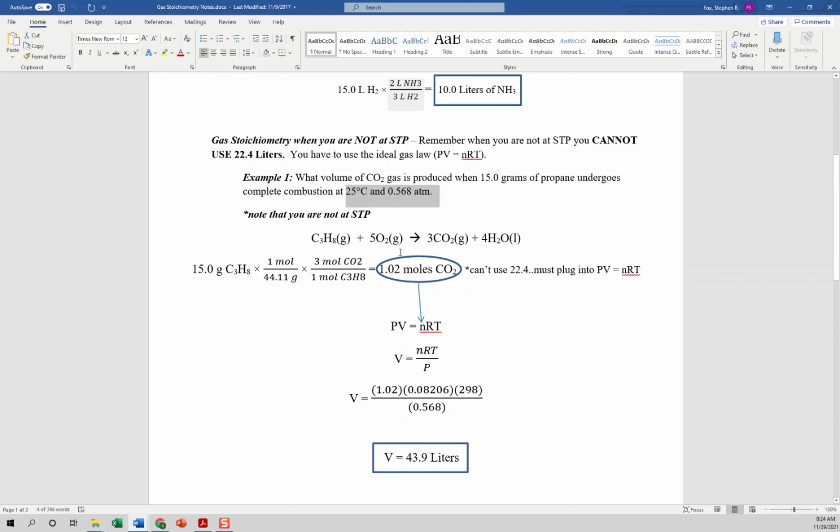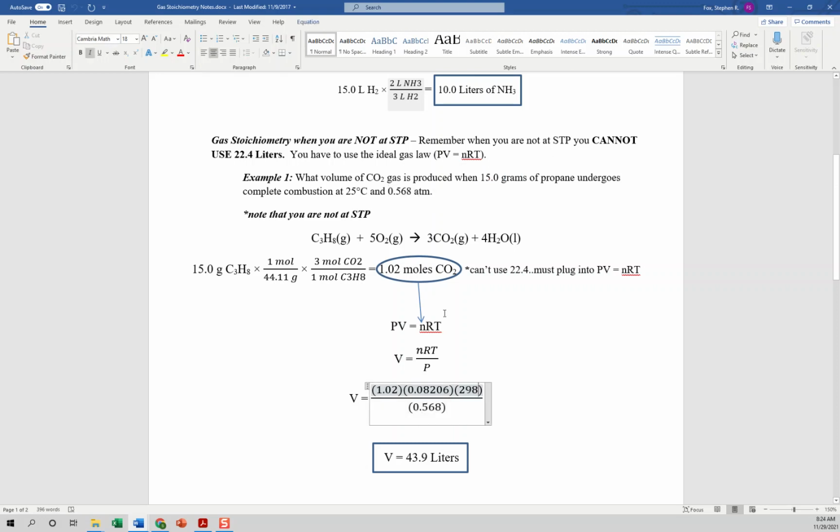So what we would do is take our moles of CO2 gas, and how do we get the volume? Well, we're going to have to use the ideal gas law, PV equals nRT, and we're going to solve for V. N is moles of gas, so we plug that in. R is our constant, and because we have atmospheres, we're going to use 0.08206 as our ideal gas law constant. T is 298, what's that?